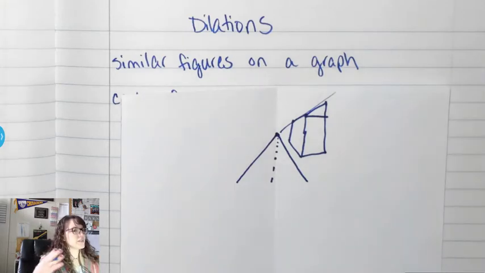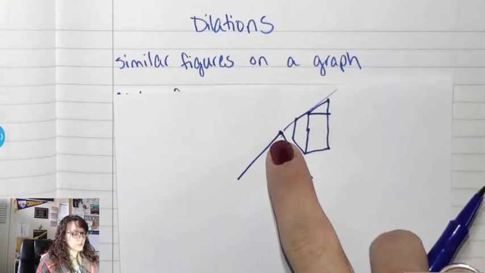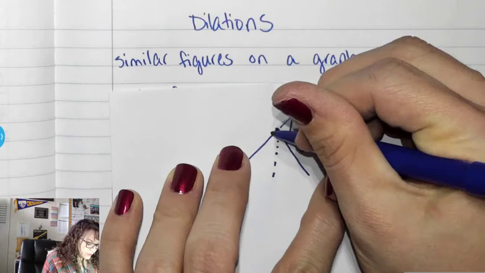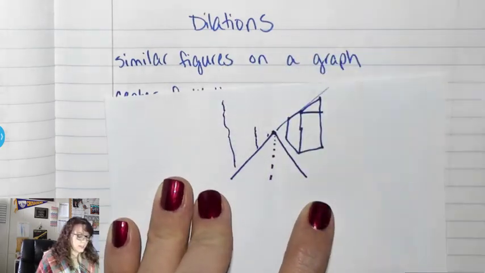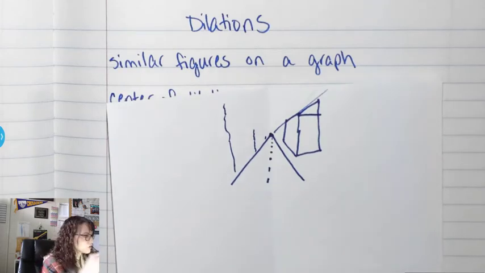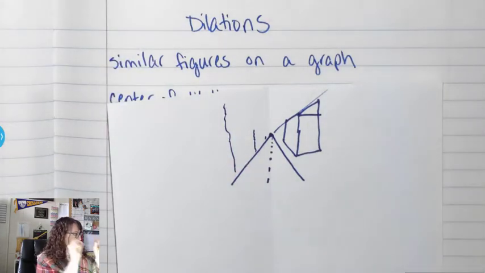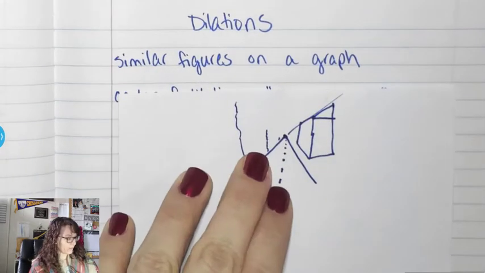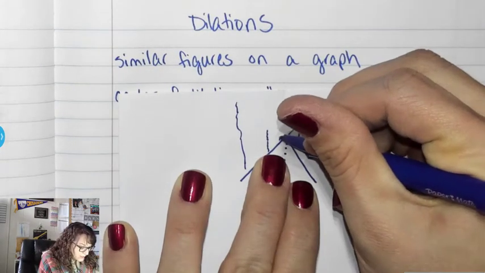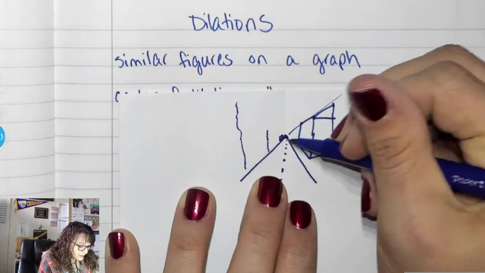It's going to get progressively smaller the closer it gets to this vanishing point. So if this is a tree on this side of the road, and now this is that same tree, everything is shrinking towards that one point. If this was a graph, this is the vanishing point, this is a little triangle, a rectangle.